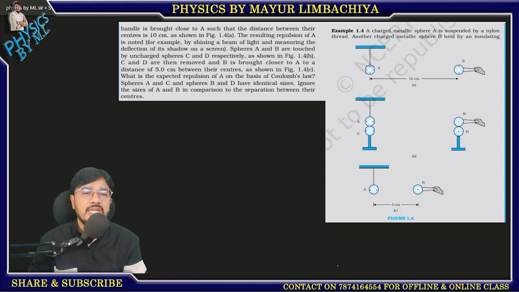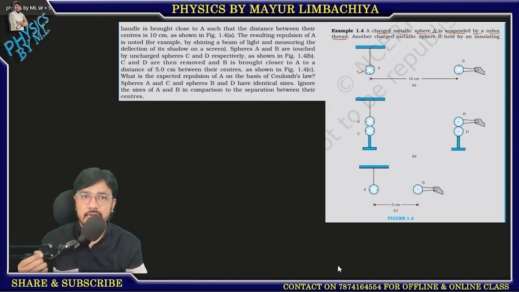The definition states that a charged metallic sphere A is suspended by a nylon thread. Dear students, you can see in figure 1.4a, this is the metallic sphere A, which is suspended by a nylon thread.